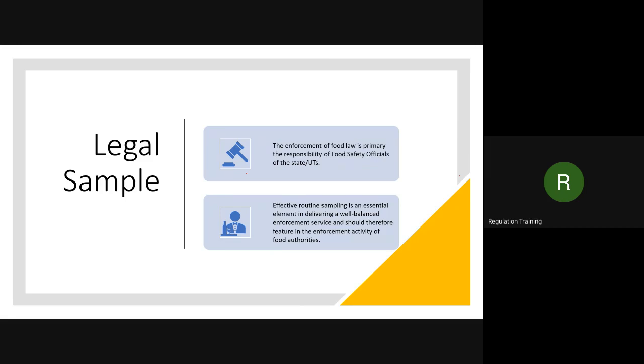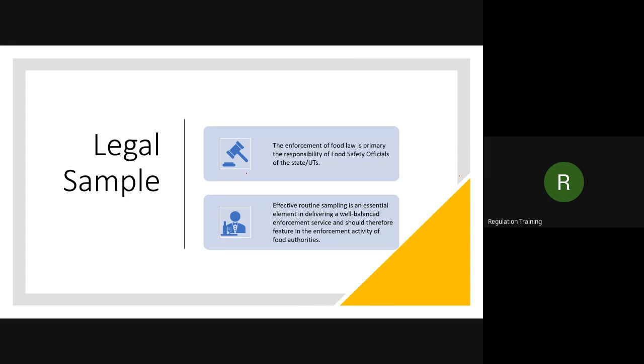How? The food safety officer will visit for inspections. They will visit for sample collections. They will visit for other purposes also, to get certain information, and they will visit with certain notices, like an improvement notice, a prohibition order or an emergency prohibition order. Every such activity will be done only by the food safety officer.